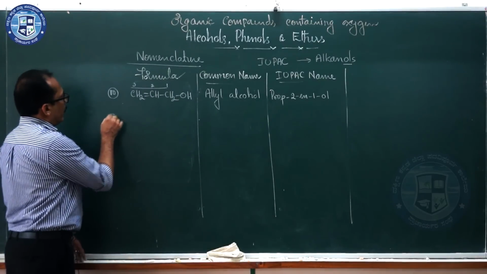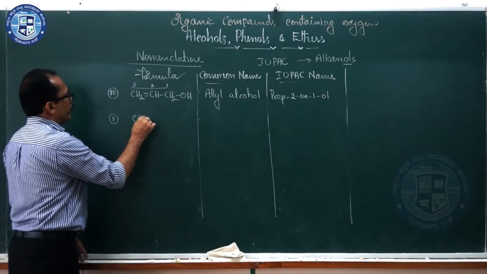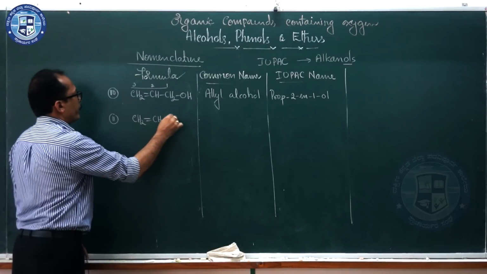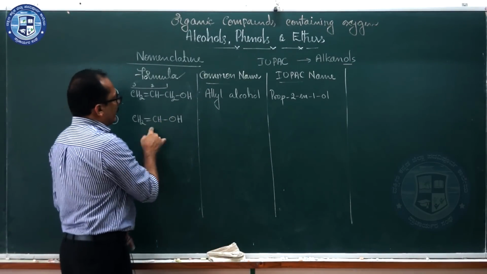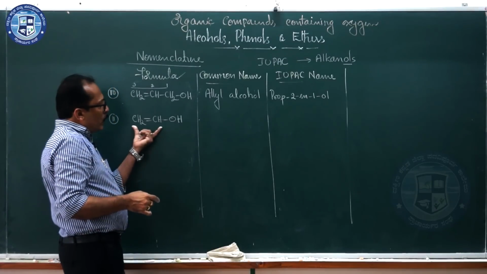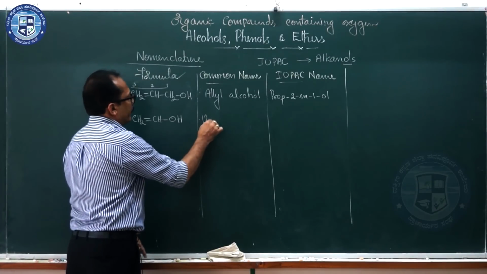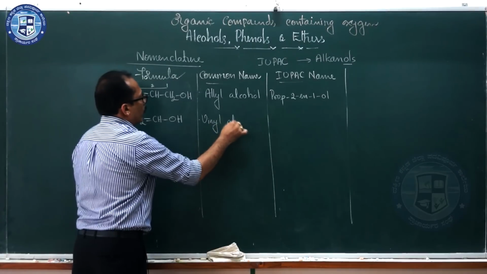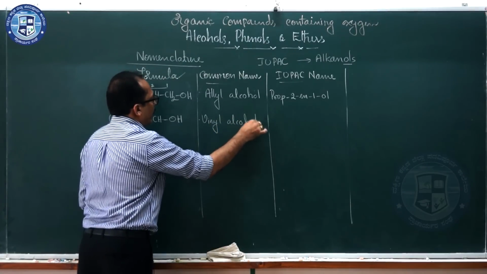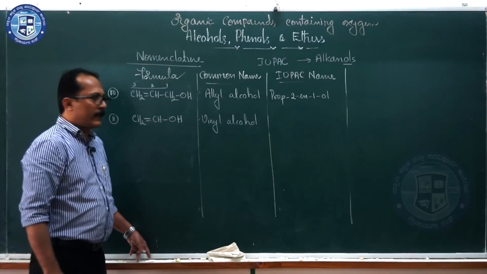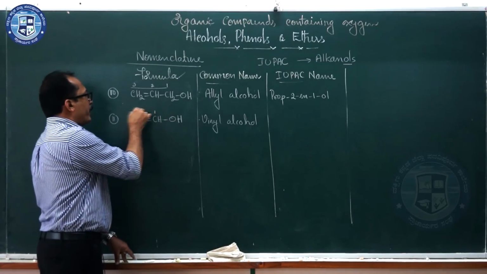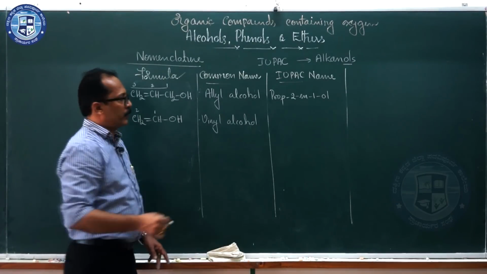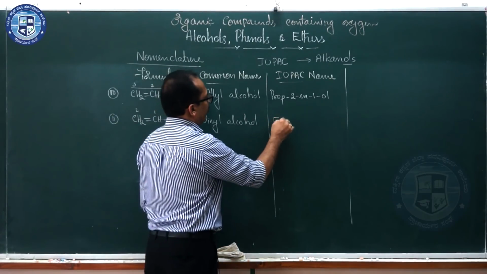Similarly, the next one is CH2=CH-OH. Here the OH group is attached to a vinyl group. This is a vinyl group, so the common name is vinyl alcohol. And what about the IUPAC name? There are two carbon atoms, so the root word is eth.